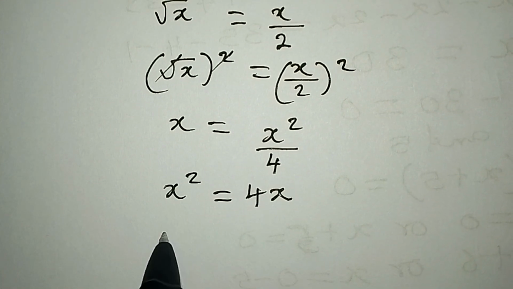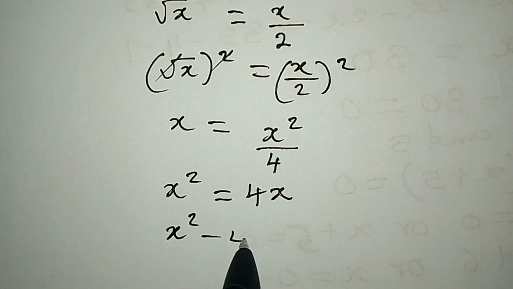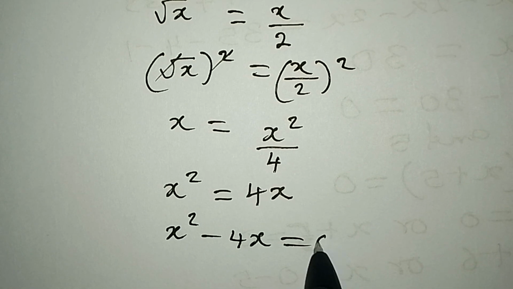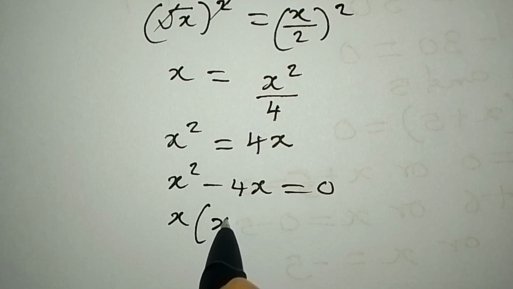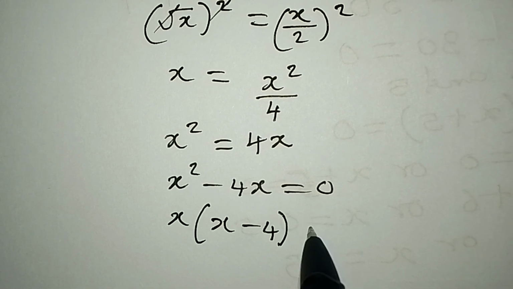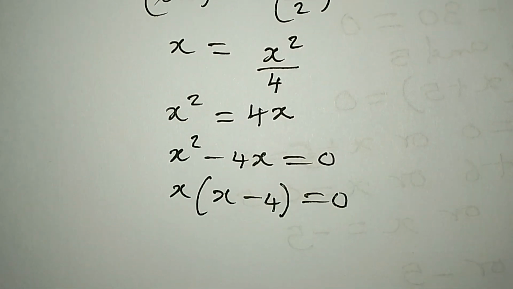Now bring this to the other side. x squared minus 4x is equal to 0. Now factor out your x. x minus 4 will be equal to 0.